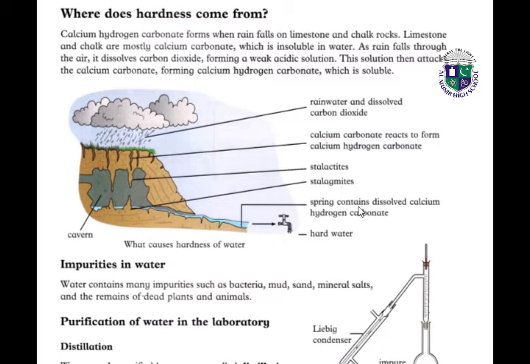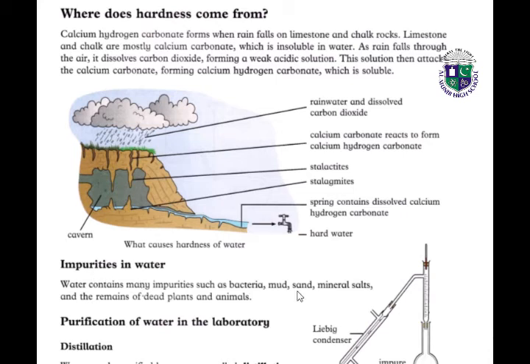Next we have a spring containing dissolved calcium hydrogen carbonate, and then we get the hard water. So students, look at these spellings. These spellings are very important. This is the word stalactites, and next this is stalagmites. So this forms in the water and turns into hard water.